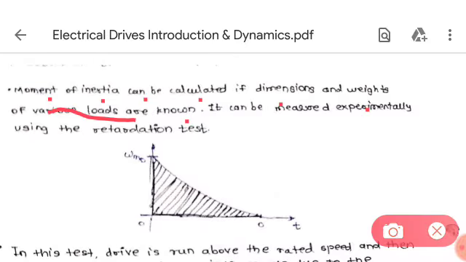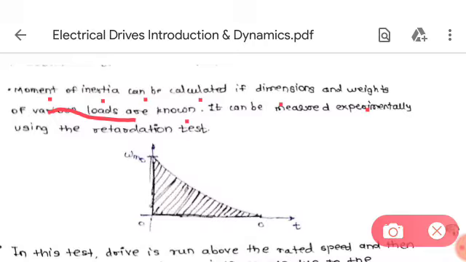It is not a single body or a single cylinder made up of a single material, isn't it? Because the core is of different material, the winding is of different material, then there is insulation inside the machine and all that. So every part is a bit complex, so it's very difficult to calculate inertia using this method, given that dimensions and weights are known and all that.